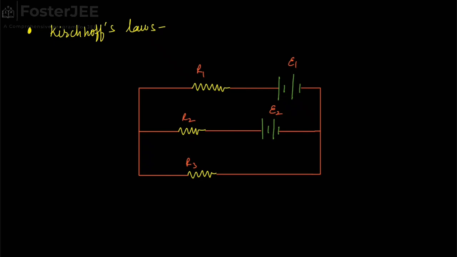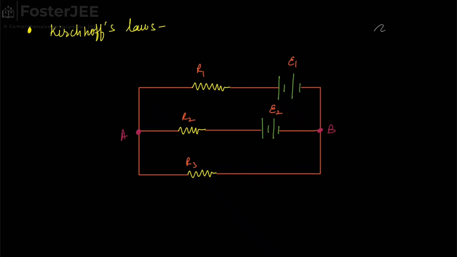Now, suppose we want to calculate the net resistance between these 2 points, let's say this is A and this is B. Can we say that the net resistance is simply the parallel combination? No. Why? Let's understand.